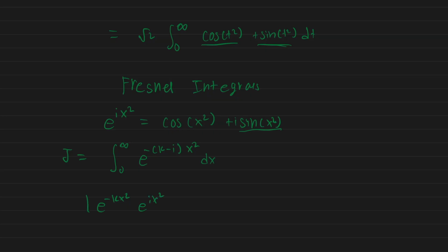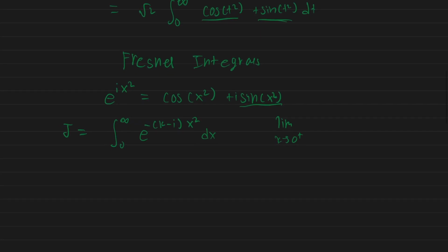We take the modulus, we'll get e to the negative kx squared. So for k greater than 0, this is going to converge, right? This will very clearly converge. So we're going to find the value of this integral, and then we'll take the limit as k goes to 0 from the positive. This is our plan. So let's do this now.